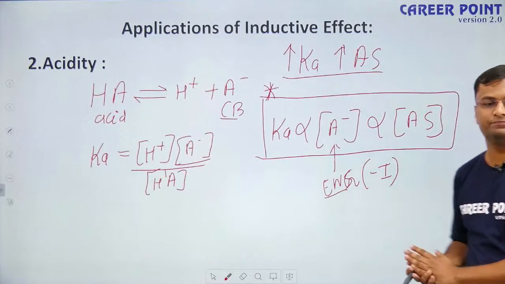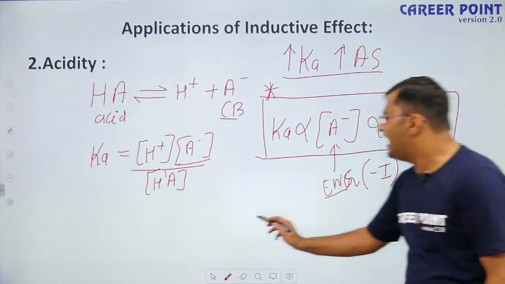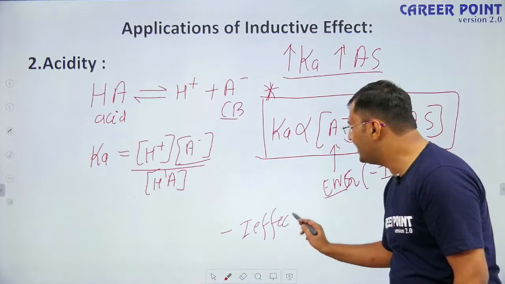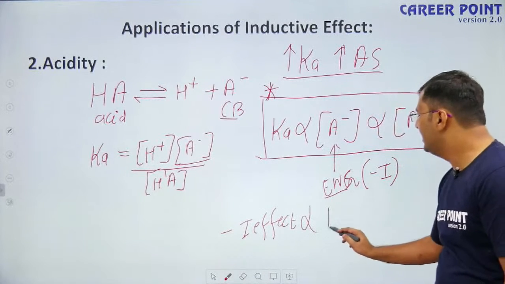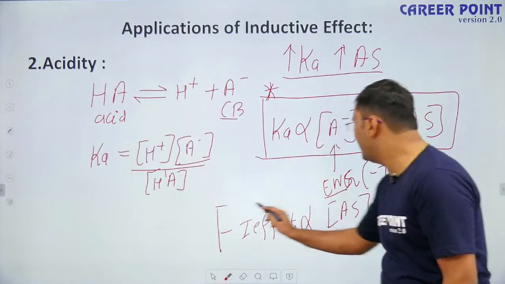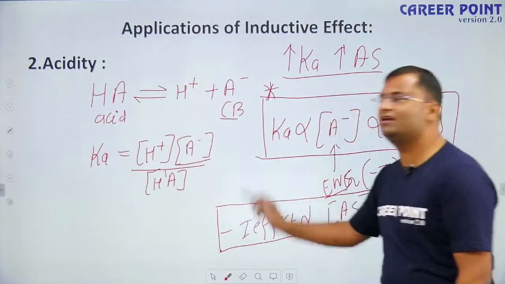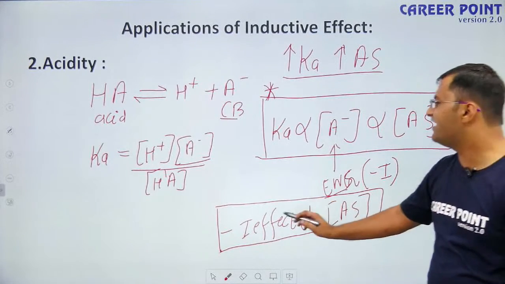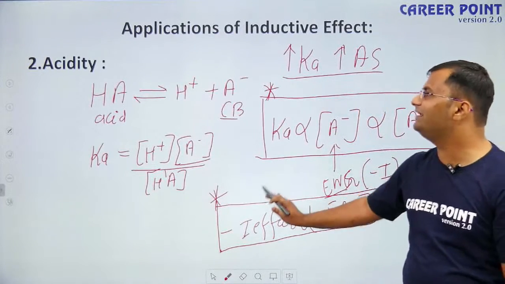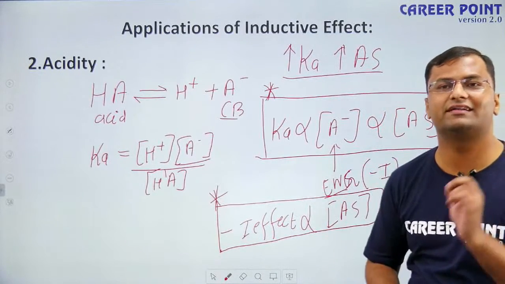Clear? So we can say that the higher the minus I effect, the higher the acidic strength. This is a very important fundamental we have derived in our equation. So this is the application of the inductive effect to acidity.